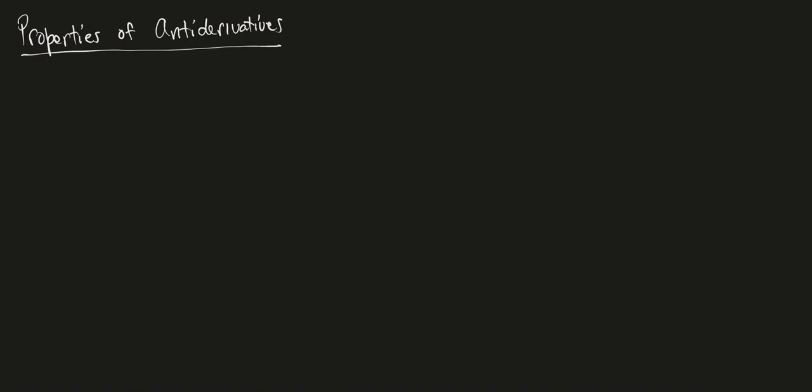Now that we have the concept of what an antiderivative is, we want to establish some simple properties that will make it easy for us to find antiderivatives. In conjunction with the basic antiderivative rules that we came up with, if we can have some properties, then it can really expand the types of functions for which we can find antiderivatives.